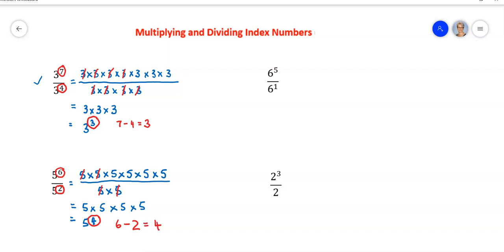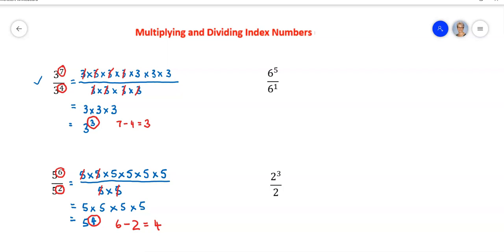Once again, we can see that if we subtract the lower power from the top power, we can get the index number in our answer.